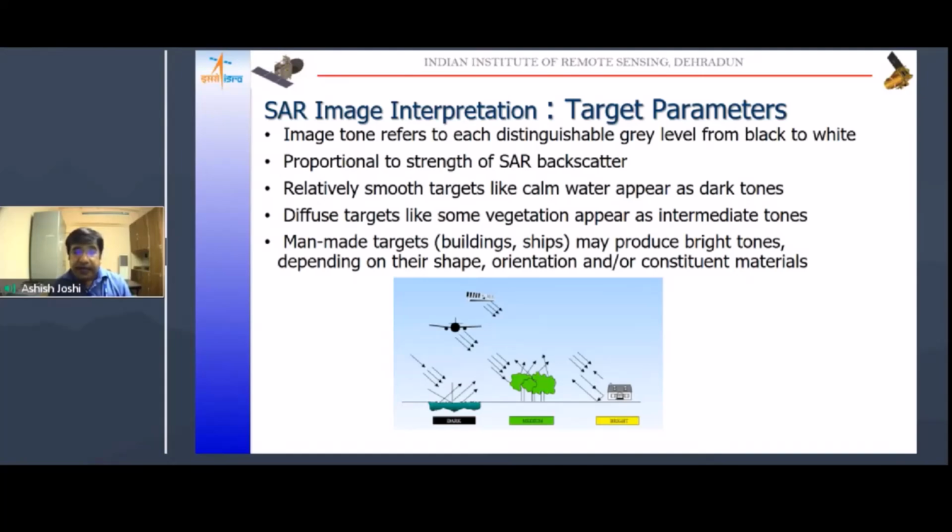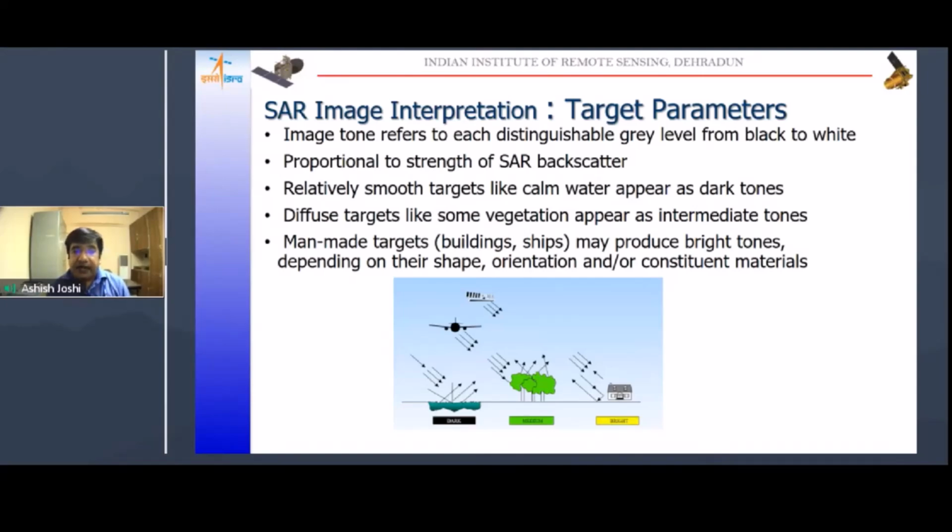Man-made targets like buildings and ships may produce a bright tone depending on the shape, orientation, and dielectric constant. Man-made targets have a high dielectric constant, so they will always appear bright in the SAR image.